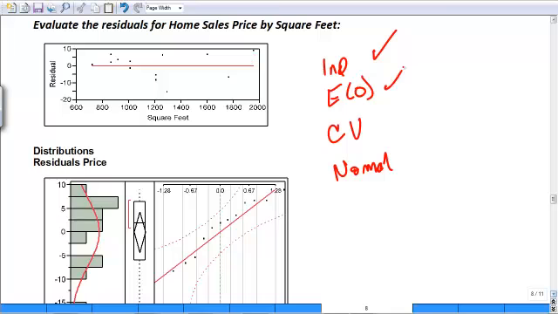Constant variance. Well, we've got little variance here, but it quickly picks up. And we might say that we've got a problem with constant variance. We might say that constant variance is met. It's a little difficult to tell with a sample of 13 because that is a relatively small sample.